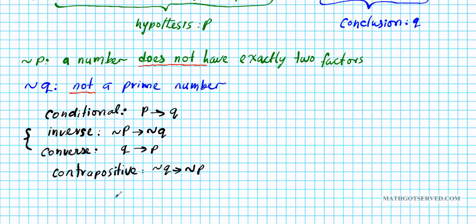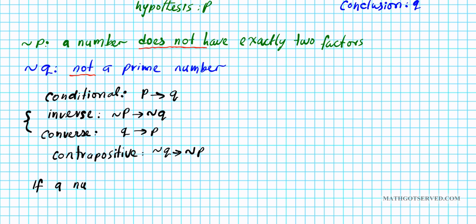So let's go ahead and write it. Not Q: if a number is not prime, let's color code it so we can keep track of how things are switching around in our statement. So if a number is not a prime number, then it does not have exactly two factors.